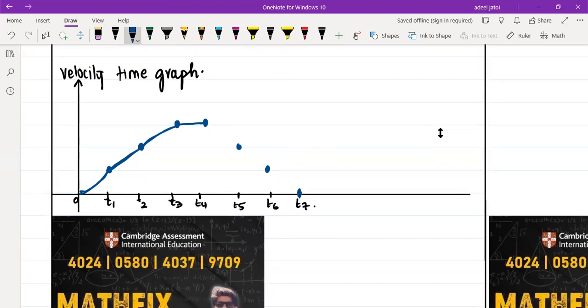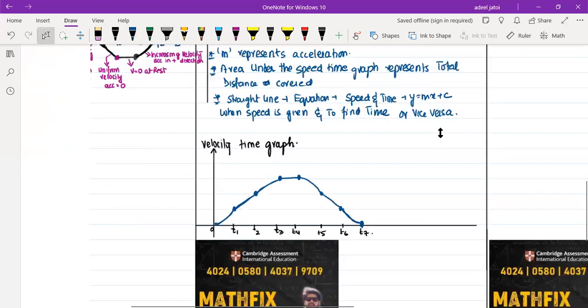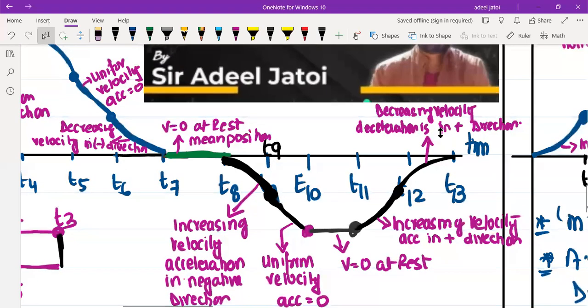Then T4 to T5, increasing deceleration in positive direction, uniform, and decreasing T6 to T7, decreasing deceleration in positive direction. At this point we'll be reaching the mean position, and T7 will be represented here, at this point of displacement.